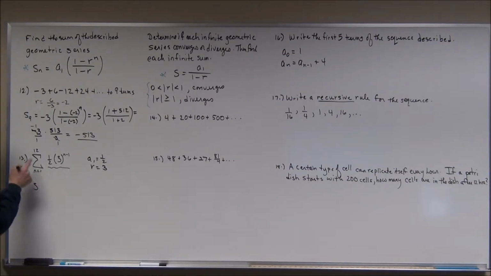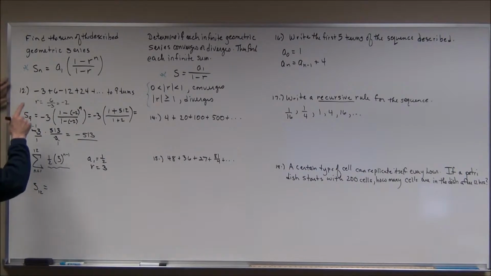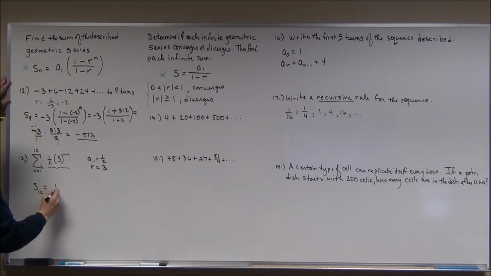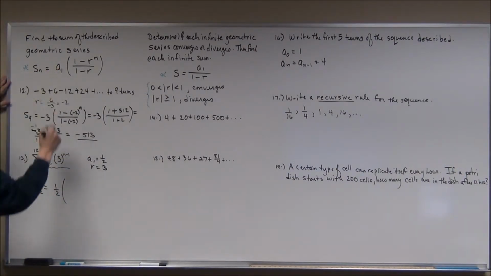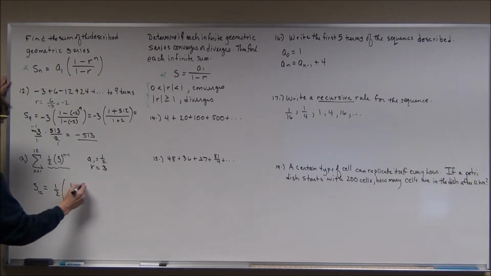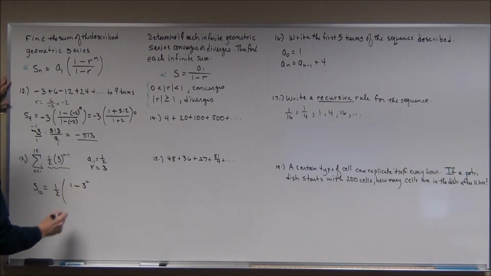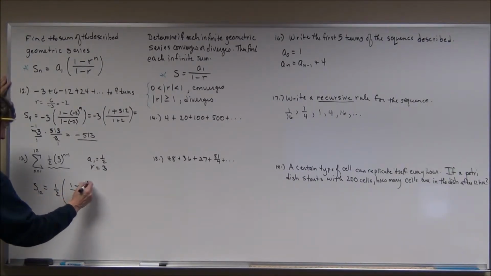So now I'm going to find the first 12. So that is a sub 1, which is 1/2, times 1 minus my ratio, which is 3 to the 12th power. Oh, I didn't bring a calculator. I should have gone back and got one in between videos. And that's all over 1 minus 3.